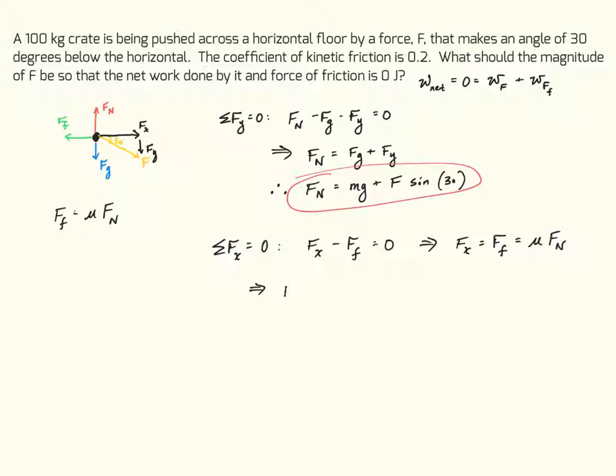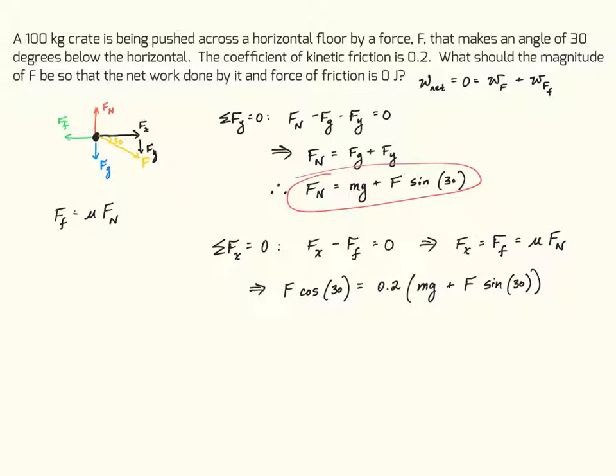So I'm going to write F cosine of theta, which is 30 degrees, is equal to 0.2 times, now we can plug this in for our normal force here, mg plus F sine of 30.